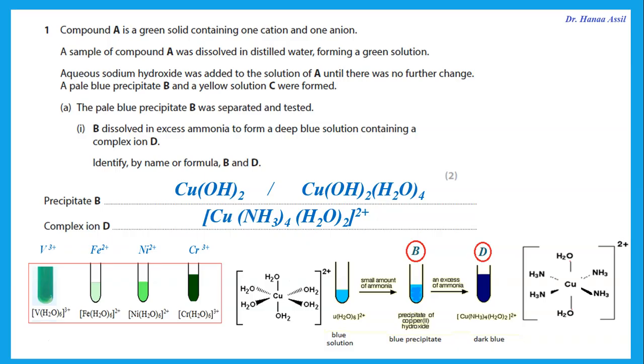Again, please note the overall charges. Copper alone is a 2+ ion. If it has 2 hydroxides, then there is no overall charge. But if it is complex to ammonia and water, then we have the overall 2+ of the copper.